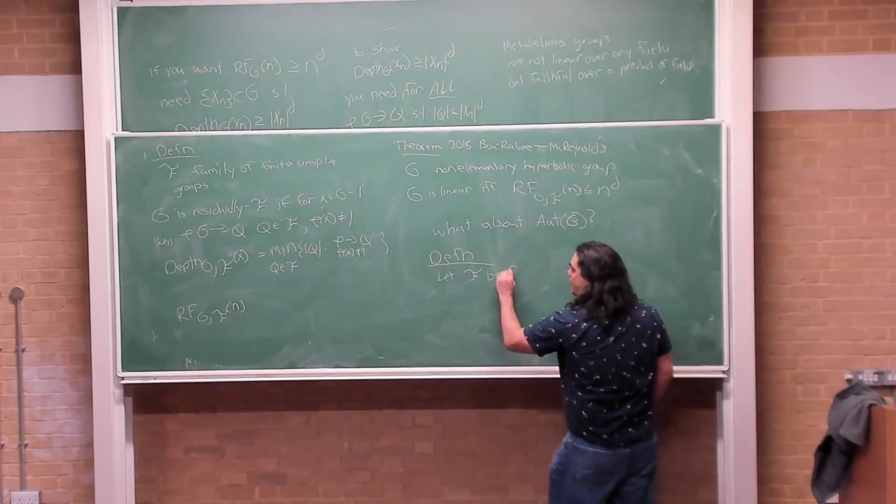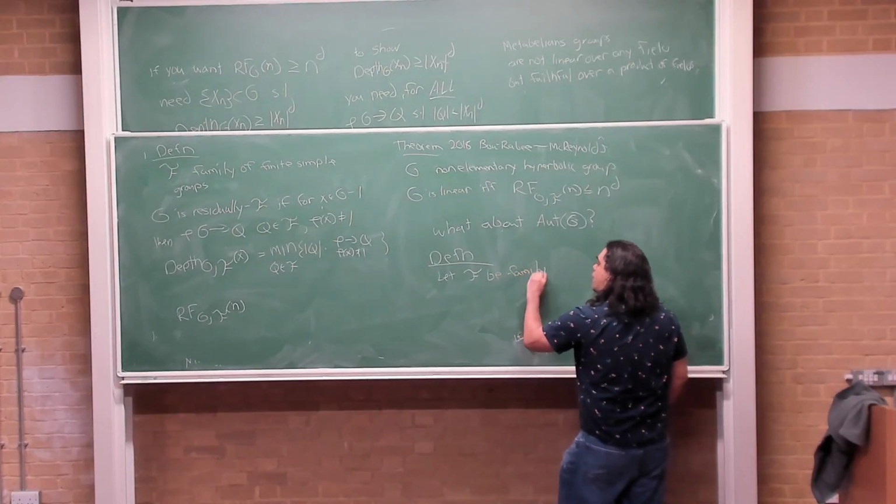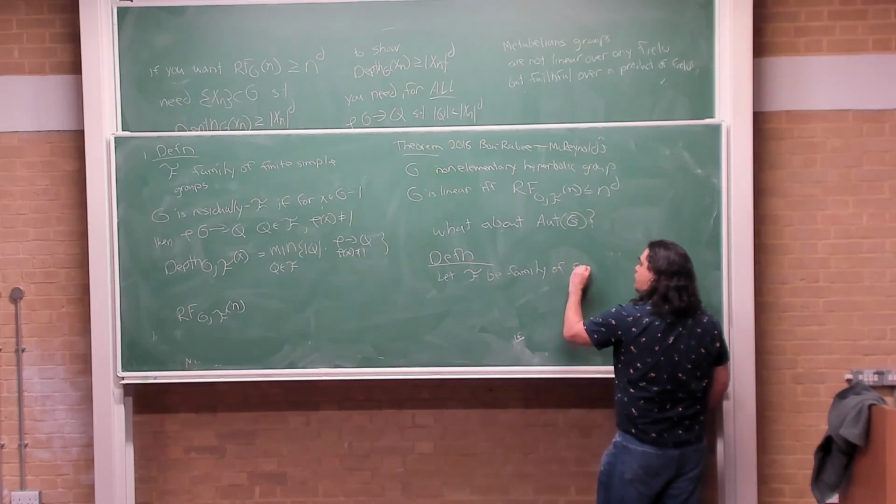Let F be the family of finite products of finite simple groups of Lie type.